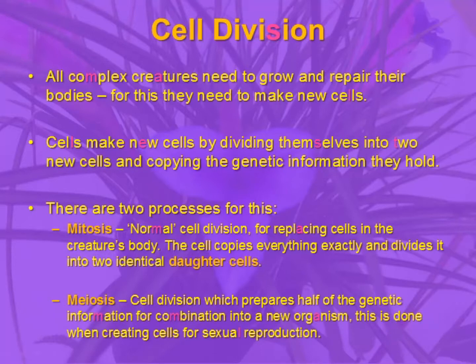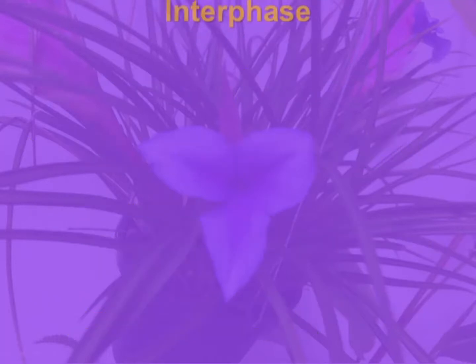And then there's meiosis, and this is cell division that prepares the genetic information for passing on. It recombines it and makes new cells which have half the amount of genetic information. So mitosis creates diploid cells, whereas meiosis creates haploid cells.